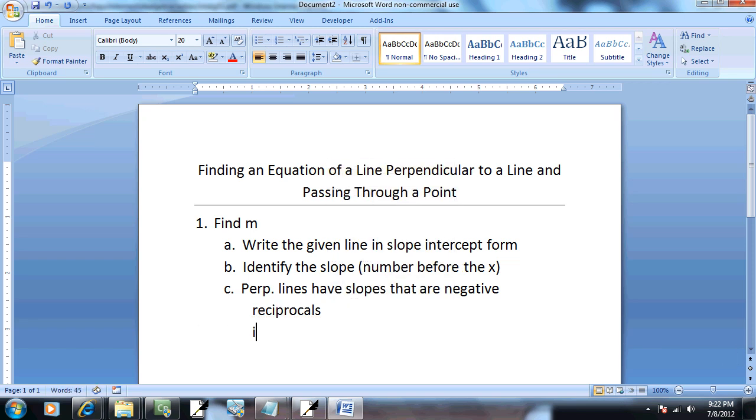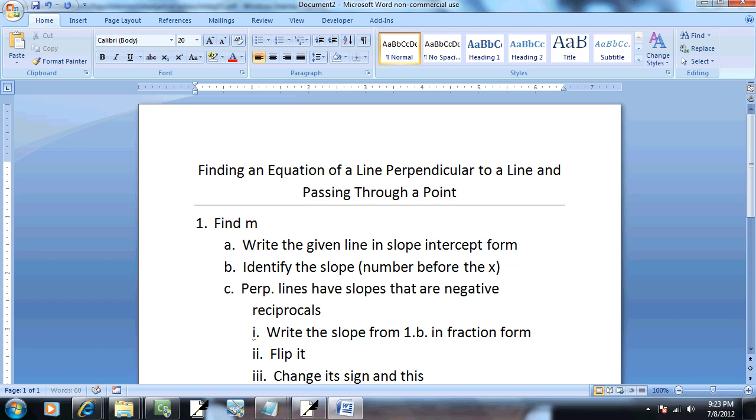And what that means is we write the slope from 1b in fraction form. Flip it. That's the reciprocal part. Top goes to bottom, bottom goes to top. And then change its sign. And this is our m.